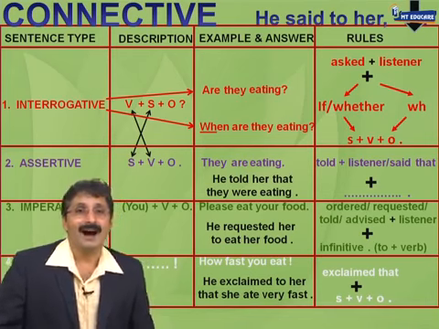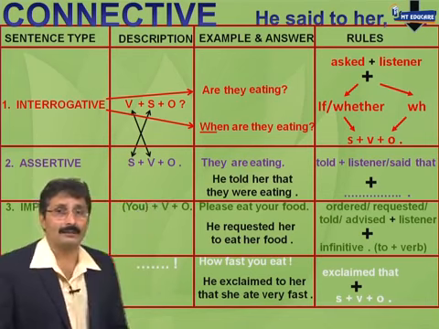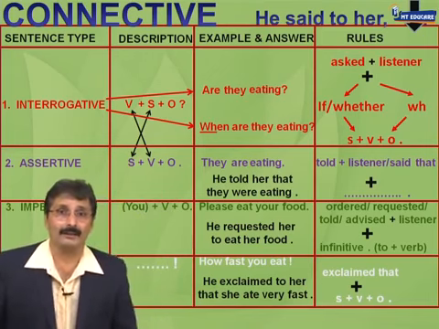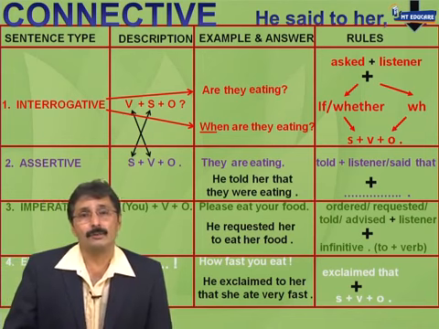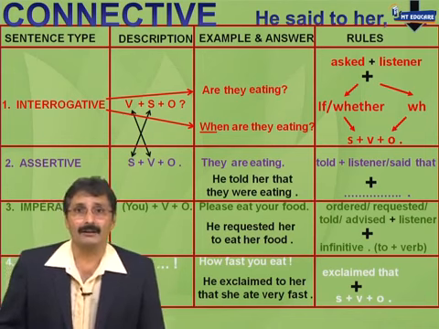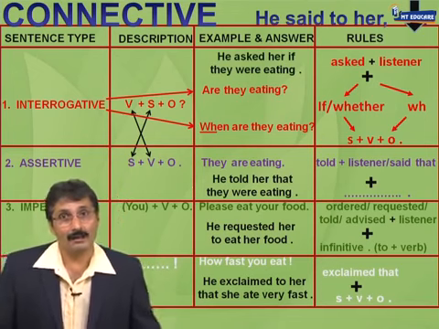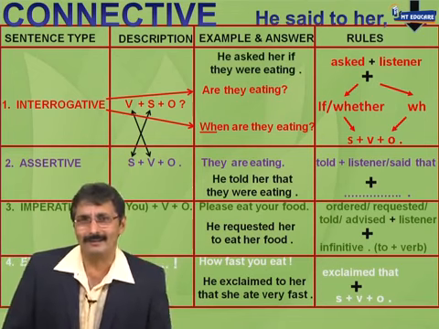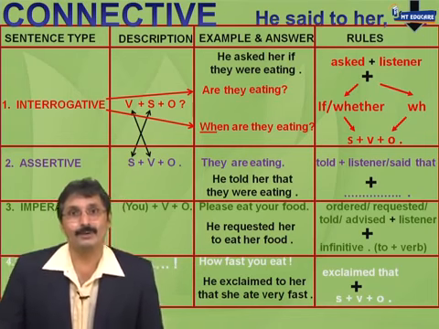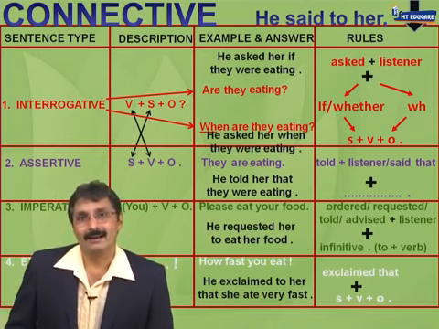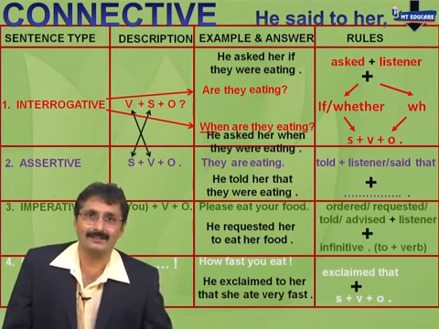After that, if there is a WH, we write the WH. If there is no WH, then if or whether. In the first sentence, there is no WH. Are they eating? So my answer is, he asked her if they were eating. Why are became were, we will see later. In the second sentence, there is a WH. So he asked her when they were eating.